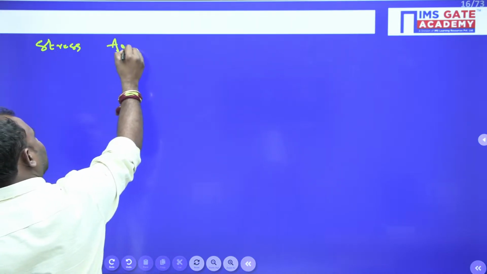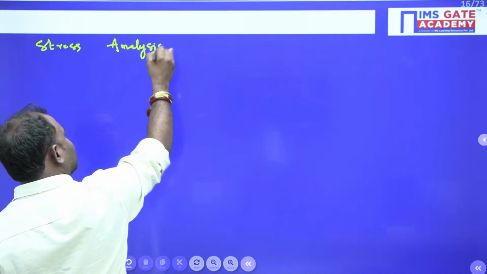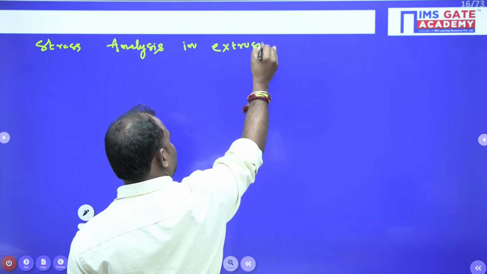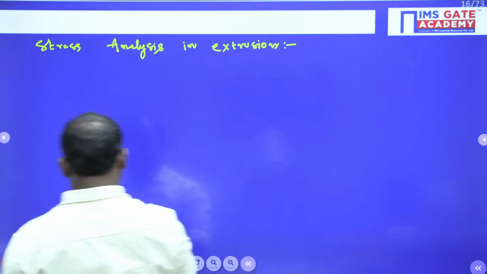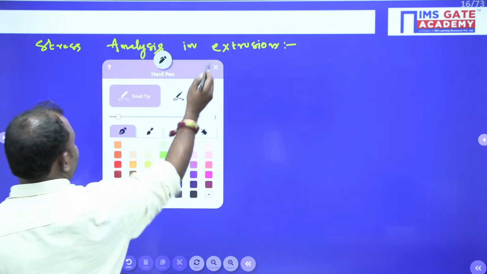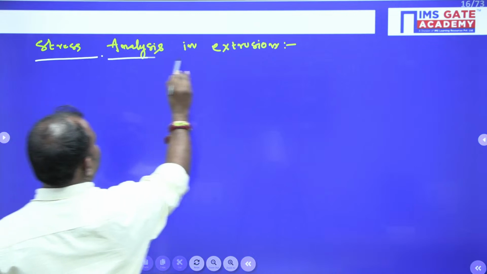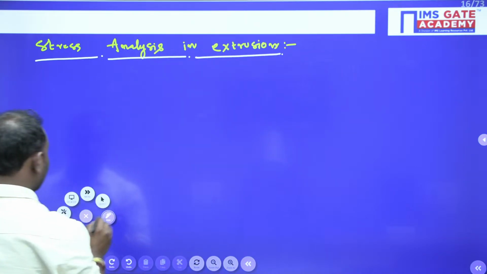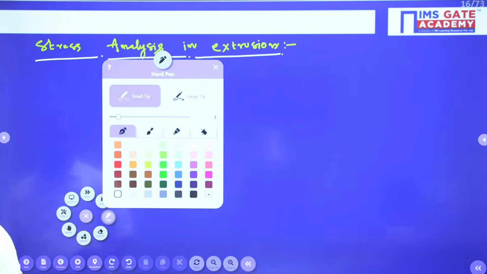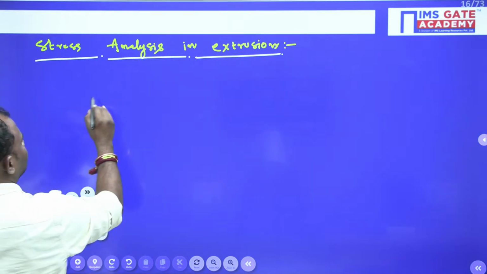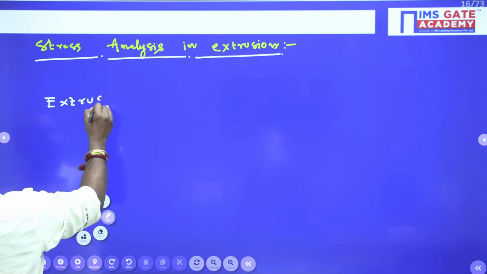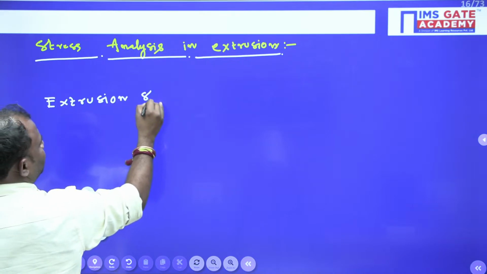Now let me give you the extrusion stress as well. Okay, right. Now, extrusion stress.